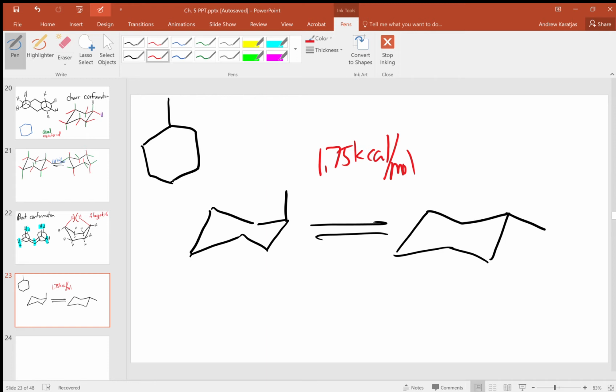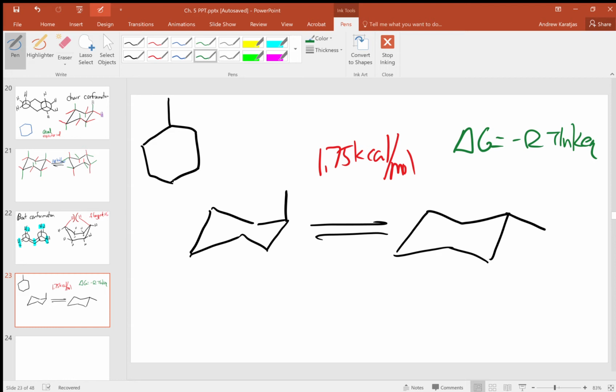And that probably doesn't sound like a very significant difference. And realistically, it's actually a very small difference. But if you remember back to general chemistry, you learned delta G is equal to minus RT ln of the equilibrium constant.